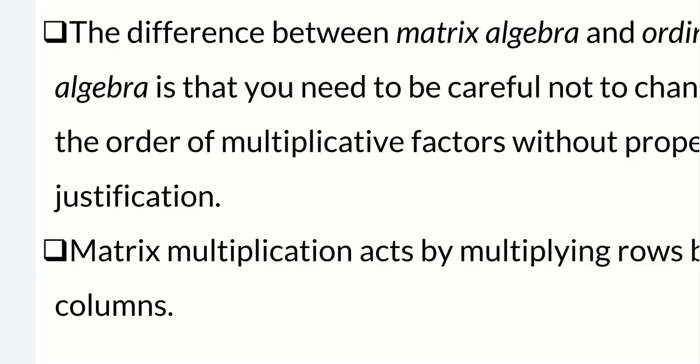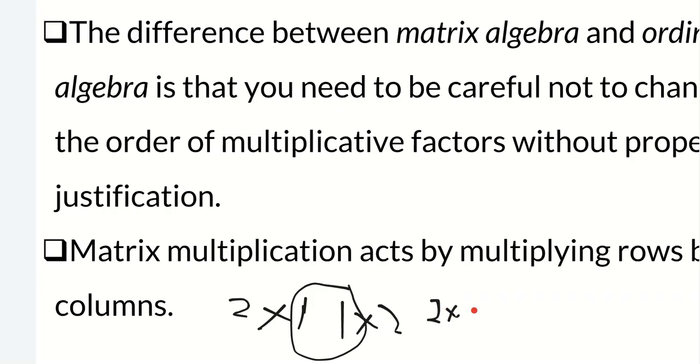Now, the difference between matrix algebra and ordinary algebra is that you need to be careful not to change the order of the multiplicative factors without proper justification. The dimension is very, very crucial. If I have a matrix of dimension 2 by 1, I can only multiply it by another matrix of dimension 1 by something, to make sure the dimensions agree. If you have a matrix of dimension 2 by 2 and you want to multiply it by a matrix of dimension 3 by 2, that will not be possible because the inner dimension doesn't agree.